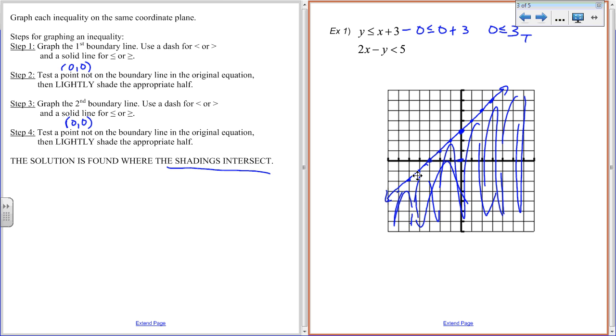Now for our second one, ladies and gentlemen, what am I going to have to do before I graph? Solve for y. So CJ, what would be my first step in solving for y? Minus 2x. Ladies and gentlemen, I have seen some of you add y to both sides, and that's fine. I like that. You just need to get x and y separate from each other.